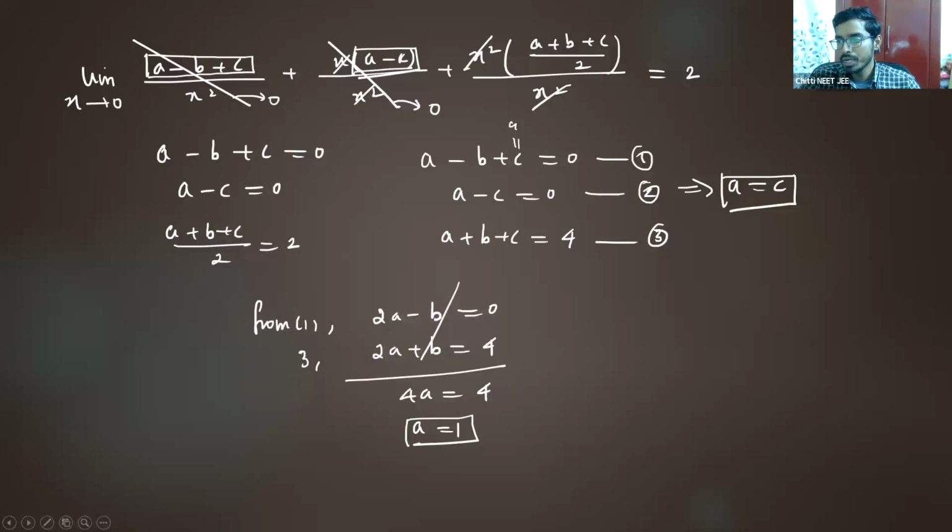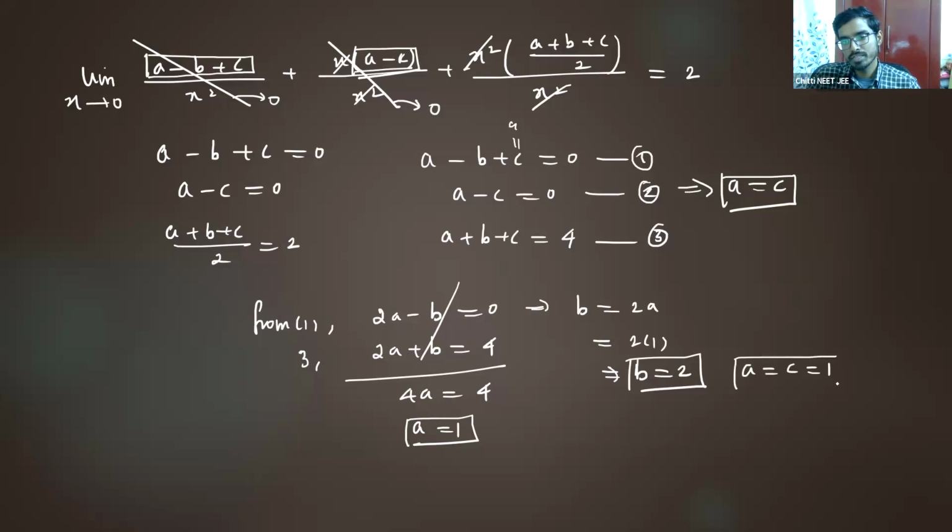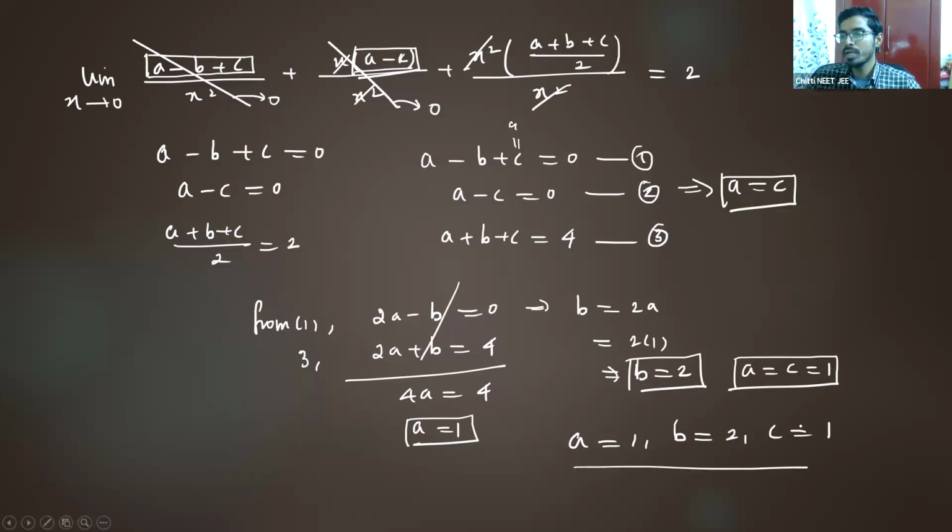If a is equal to 1, what about b? b is equal to 2 times a, so 2 times 1, which implies b is equal to 2. Since a is equal to c, c is also 1. Therefore, a is equal to 1, b is equal to 2, c is equal to 1 is the required value of a, b, and c.